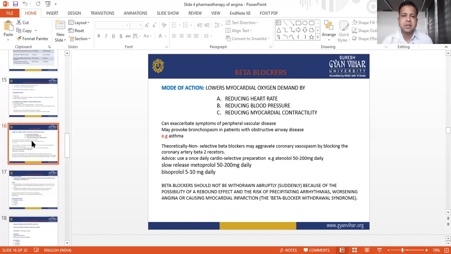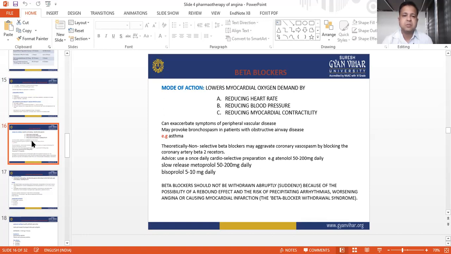Theoretically, non-selective beta blockers may aggravate coronary vasospasm by blocking the coronary artery beta 2 receptors. Advice: use a once daily cardioselective preparation, that is atenolol 50 to 200 mg daily, slow release metoprolol 50 to 200 mg daily, bisoprolol 5 to 10 mg daily.